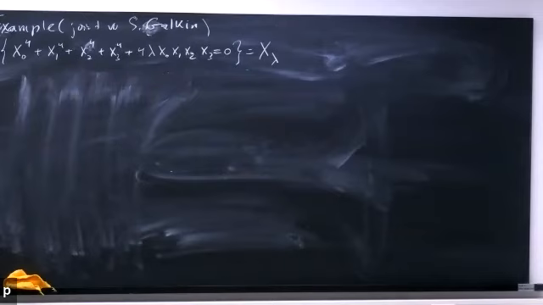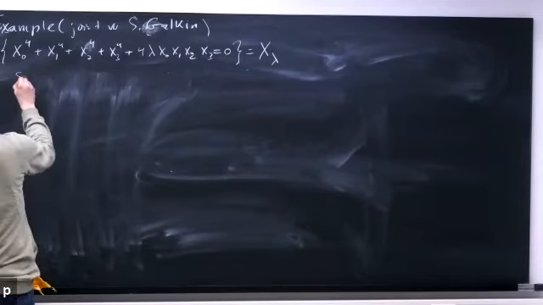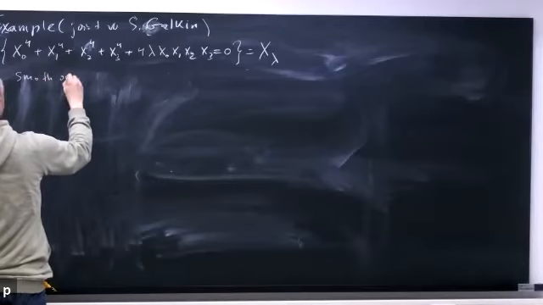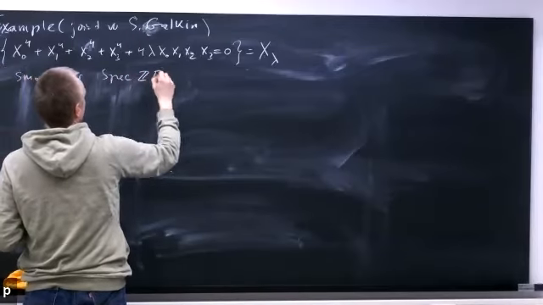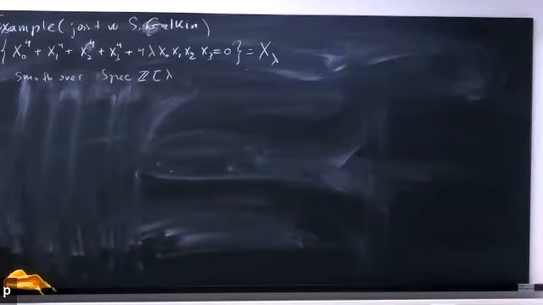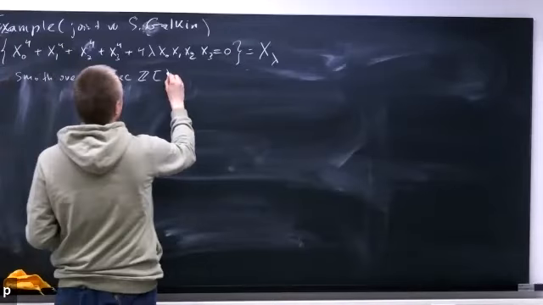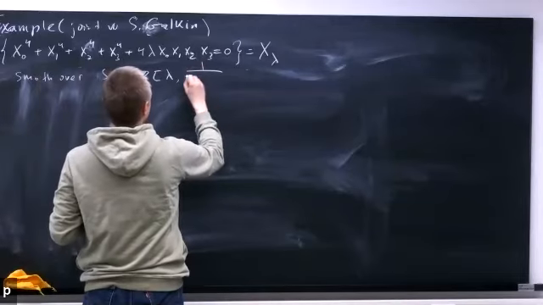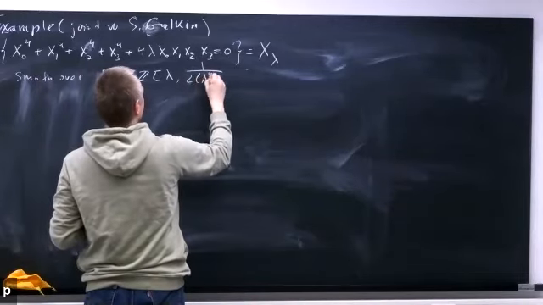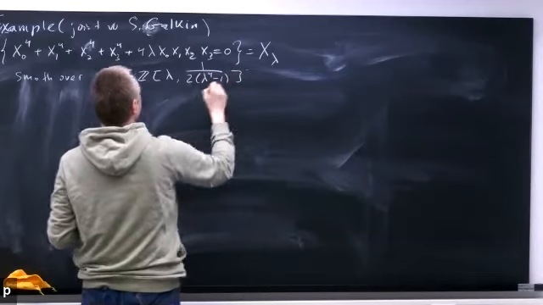This family is smooth over the spectrum. We have to invert such lambdas where this family degenerates, and in fact, this is something like 2 lambda to the 4 minus 1.